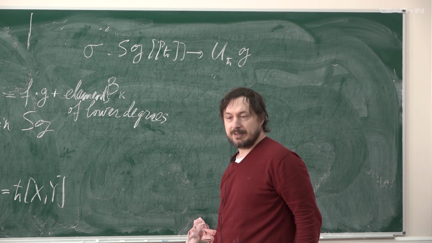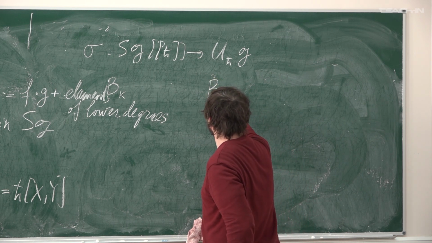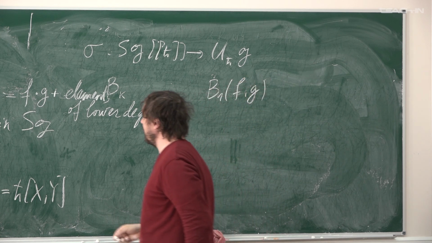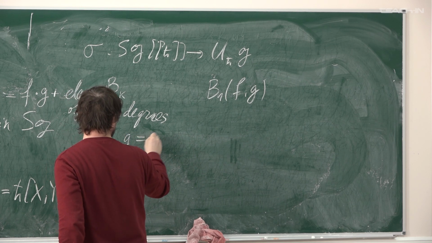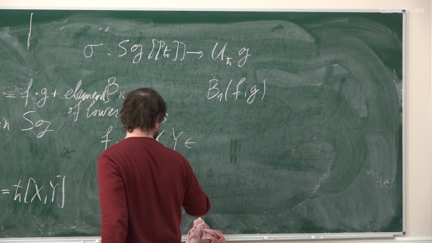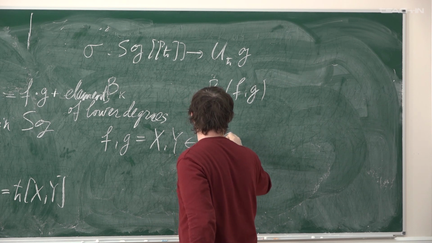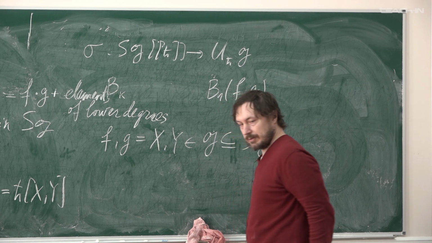Let's now just describe the term B1. Let's do this first for f and g of very simple form, f and g linear functions, which is of course a subspace in S_G, right?